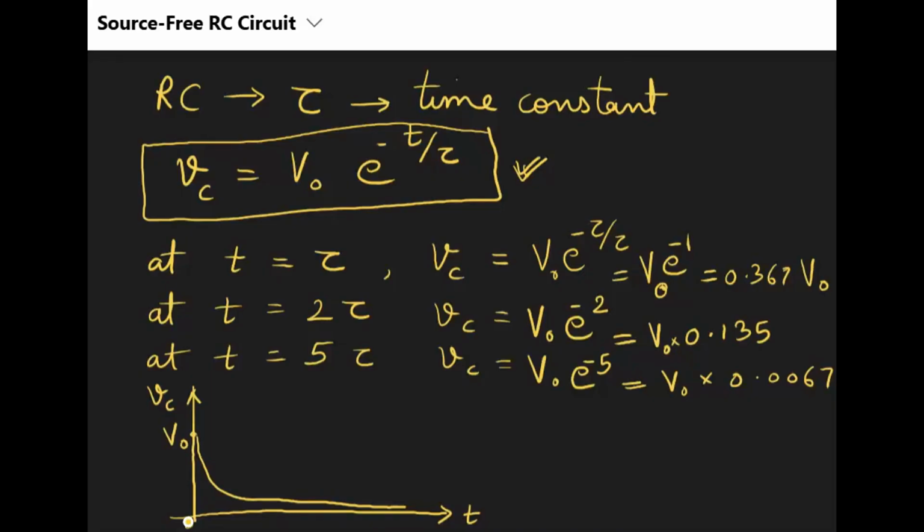So we can say here that it is tau, then 2 tau, further 3 tau, 4 tau, and at 5 tau it is nearly 0, reaching to its steady state value. That is, in this case, source free RC circuit, it will fully discharge, that is 0. This is the response of source free RC circuit.